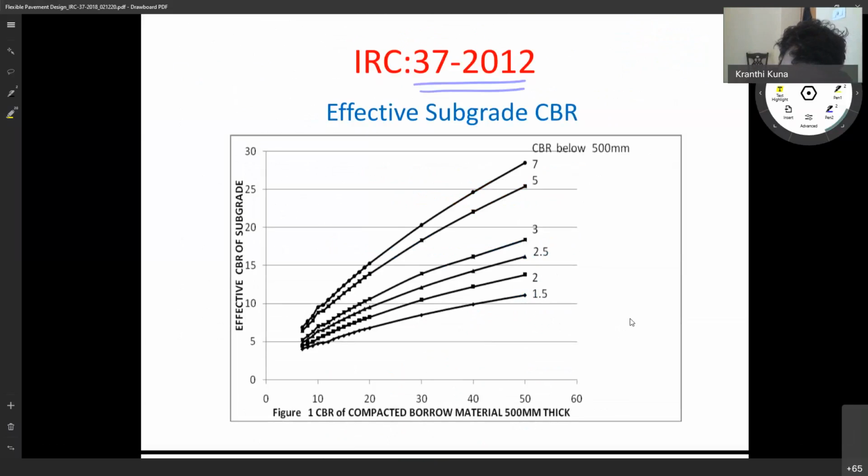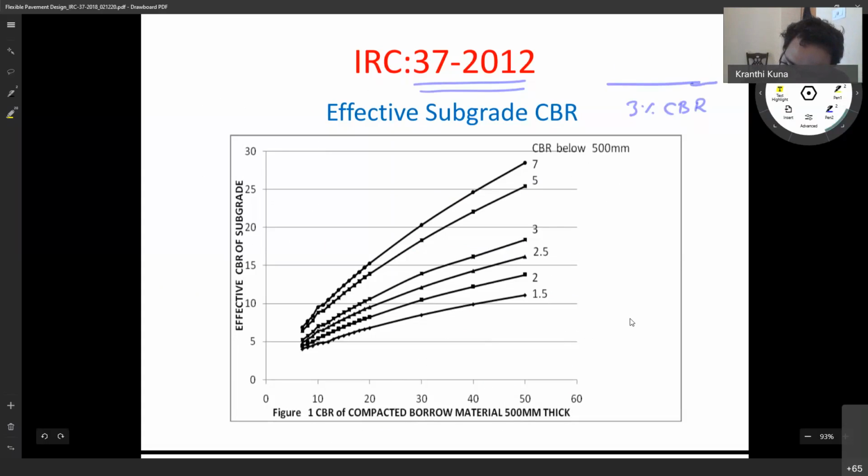Say in the previous case, the existing CBR of the existing soil is something around 3%. Okay, 3% CBR. Now I cannot construct a pavement on top of this because I want at least 5% CBR if the commercial vehicles per day is more than 50.